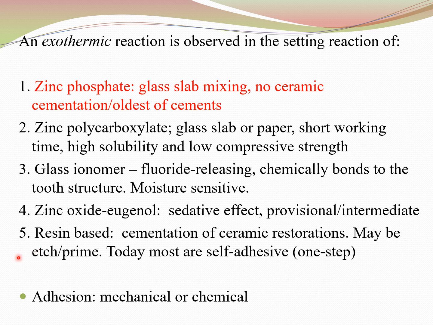Resin base, a lot of times we'll see that for ceramic restoration, but sometimes they'll use a self-adhesive resin-based cement so they don't have to do the etching and the priming. Remember, the exothermic gives off heat. You may have a self-cure cement that you have to mix two chemicals together.